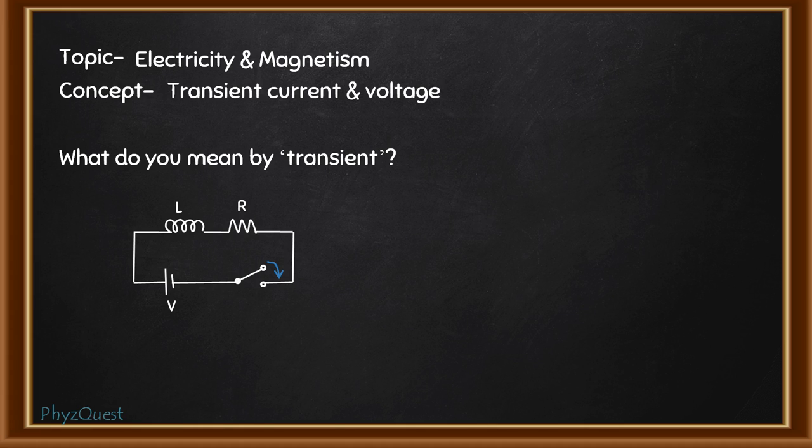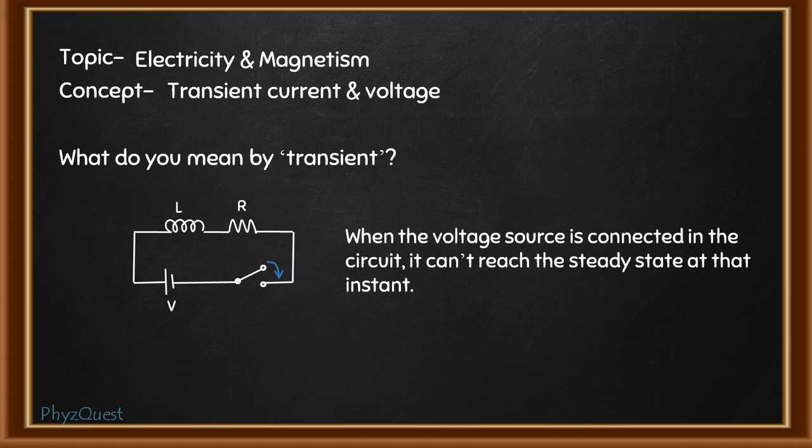Steady state means that after reaching it, the current and the voltage become constant. But whenever you connect the voltage source for the first time in the circuit, it cannot reach the steady state at that instant. It takes its time to reach its steady state value for this voltage and the current.